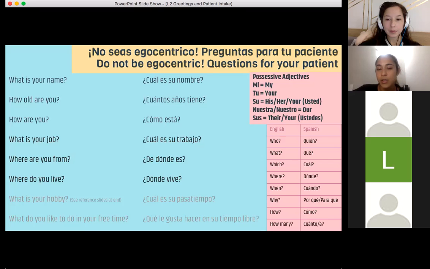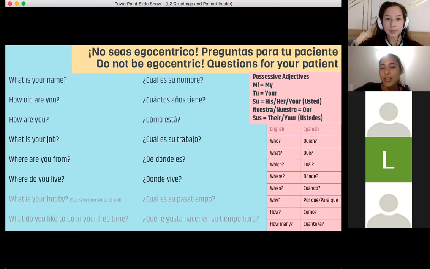How is cómo, and how many, cuánto, cuánta, or it could also be in plural form like cuántos or cuántas. So like cuánto, you could say cuántos años tiene. That would be the plural form. And for the most part, they're very similar to the use that we have in English. So they're used similarly.